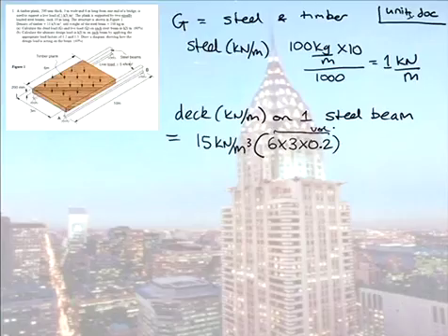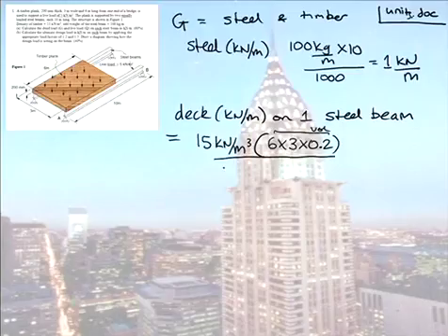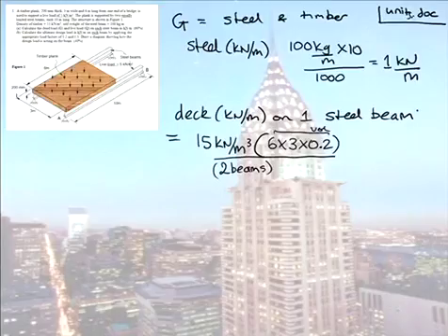So I want it on one beam only, and that's the load on 2 beams. So I'm going to divide by this. I'm writing beams in there so you can see it's 2, not 2 metres. So I divide it by 2 beams because I'm after the load on one steel beam. And then I want it per metre length. Now this is where people tend to then go, well, the length is 10 metres.